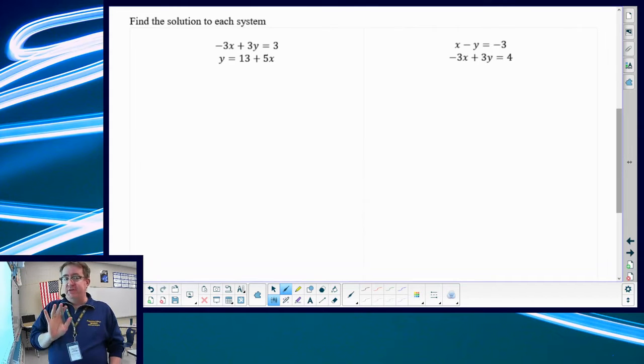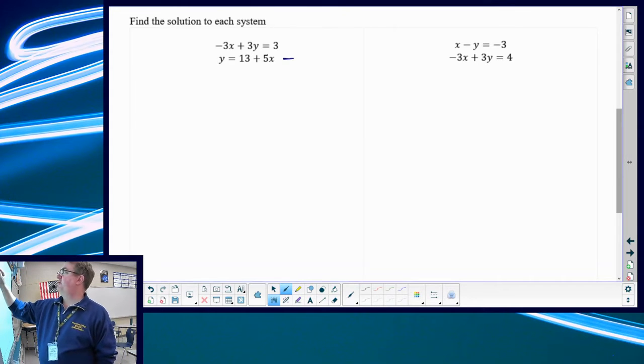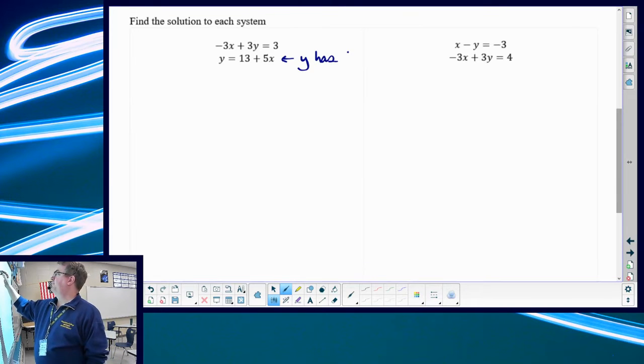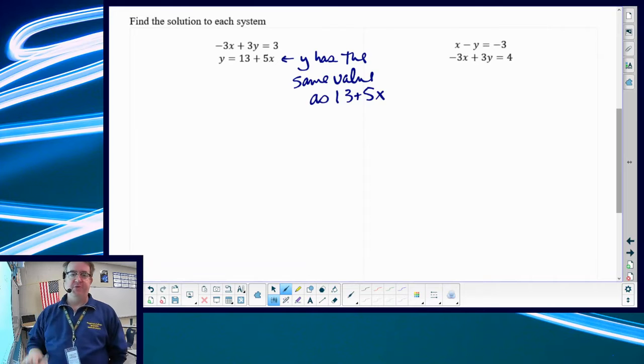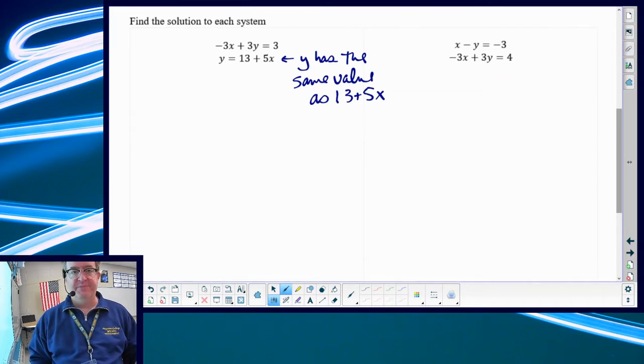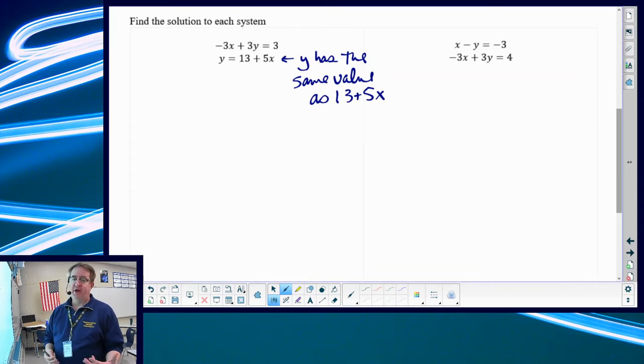Notice right here, y has the same value as 13 plus 5x. If you have a y, I can give you 13 plus 5x. It's going to be the same value. Same way 100 pennies is the same as $1. Same value.